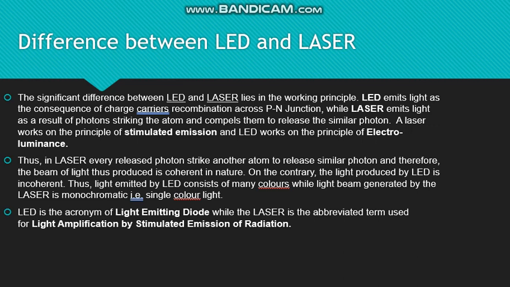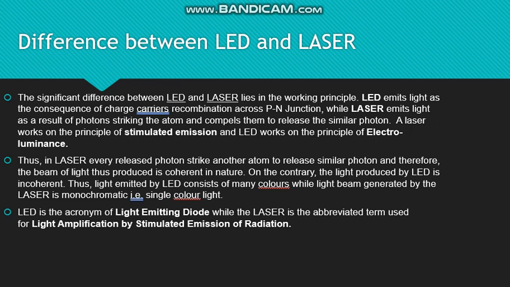Thus, in a laser, every released photon will strike another atom to release a similar photon, and therefore the beam of light thus produced is coherent in nature. On the contrary, the light produced by an LED is incoherent.